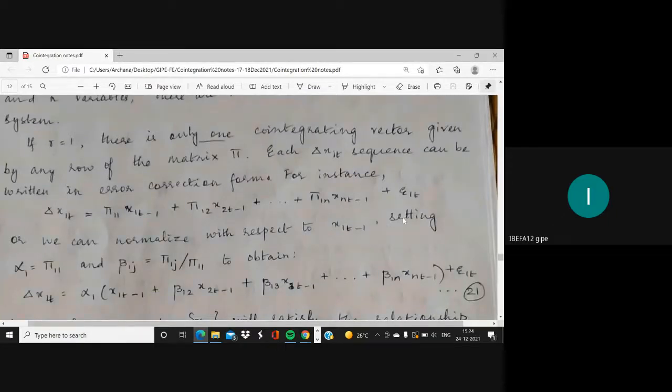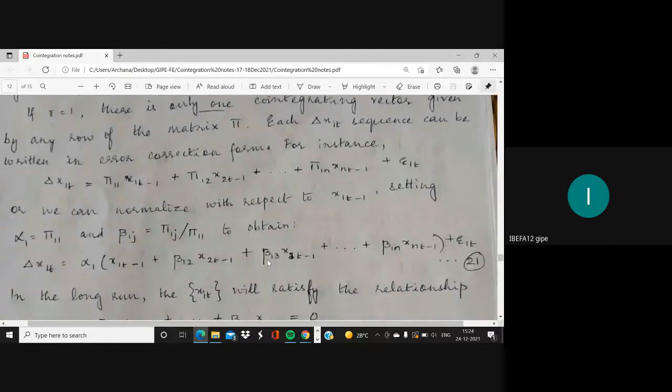So we normalize with respect to x1t minus 1 by setting alpha 1 equal to pi 1 1. We select the coefficient which is attached to the variable we have selected for normalization. So setting alpha 1 equal to pi 1 1 and beta 1j equal to pi 1j by pi 1 1, we obtain this equation now.